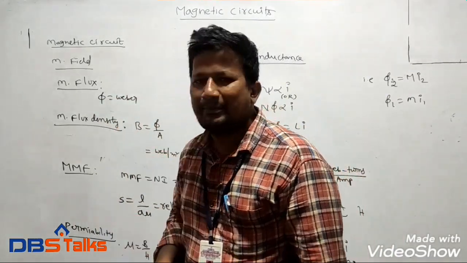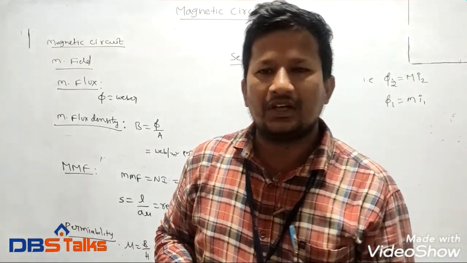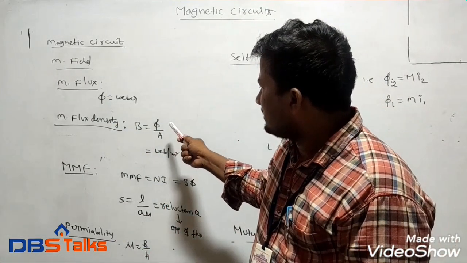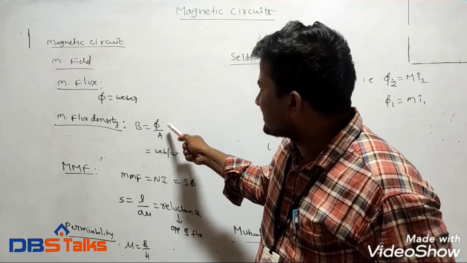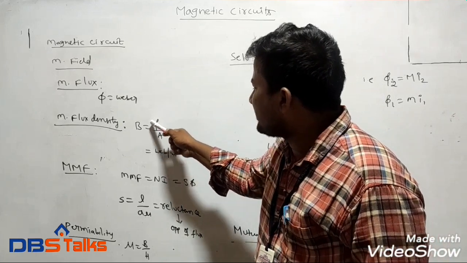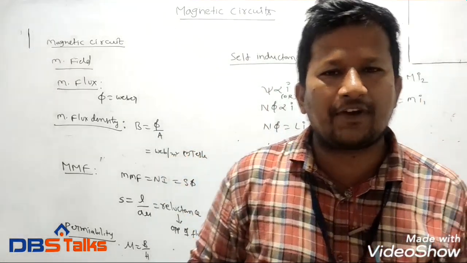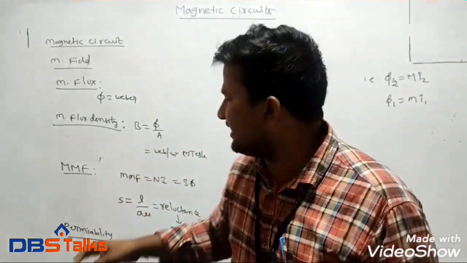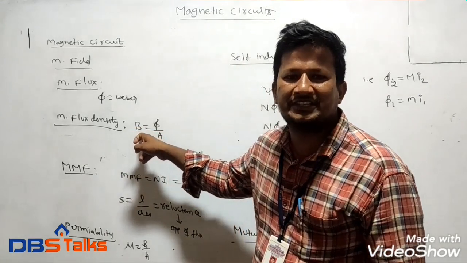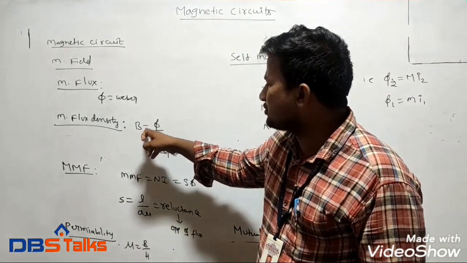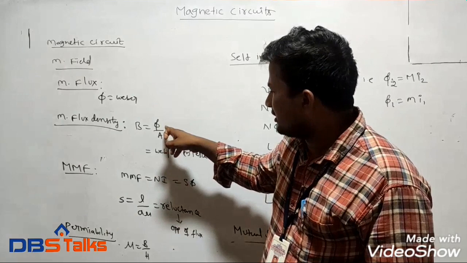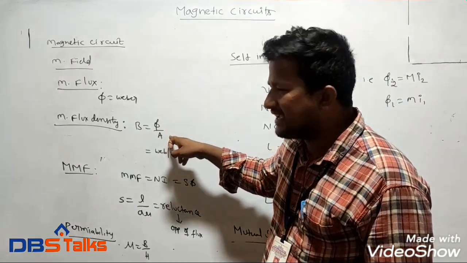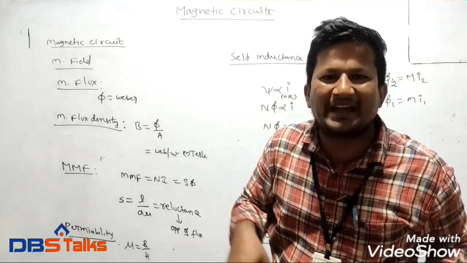Next is magnetic flux density. The magnetic flux surrounded by the magnetic poles per unit area is called magnetic flux density. B is equal to phi by A, where phi is the magnetic flux and A is the area surrounded by the magnetic lines.